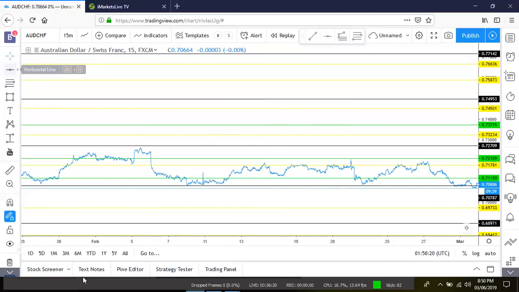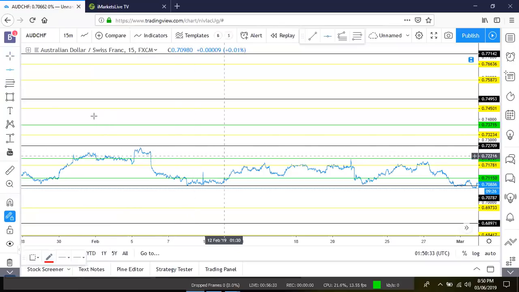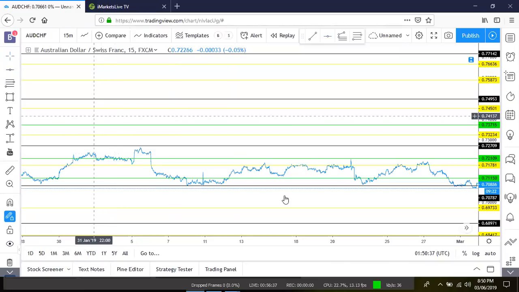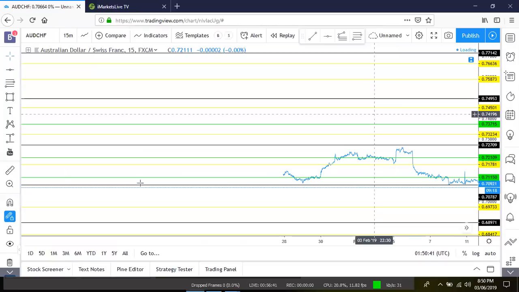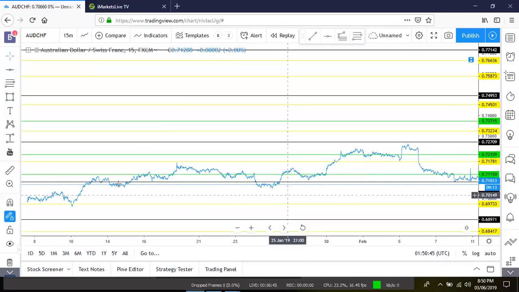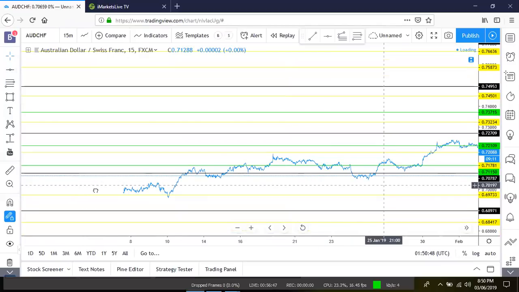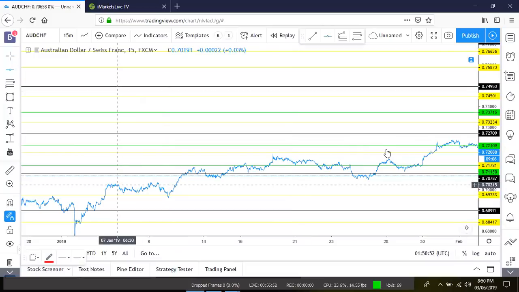I'm going to turn this red. I'm just going to do the same thing. I'm only going to put a few on there. I'm not going to do them all. One right here.